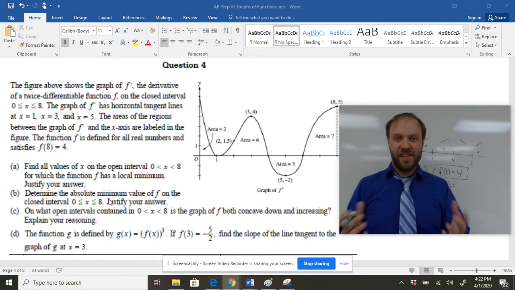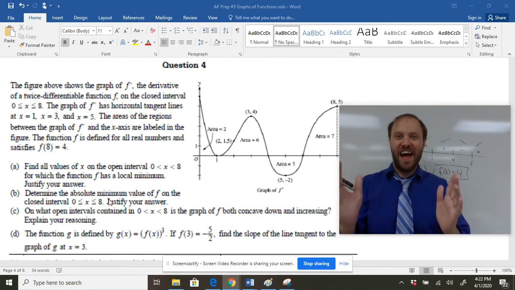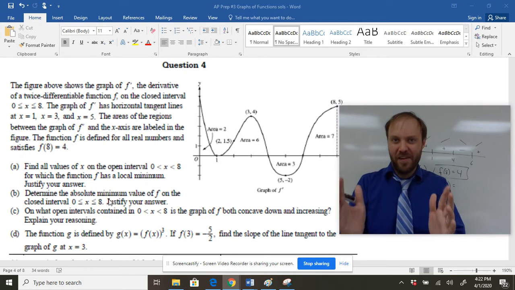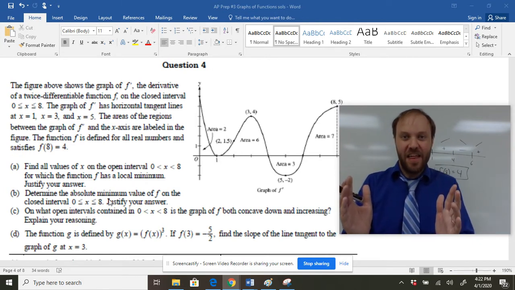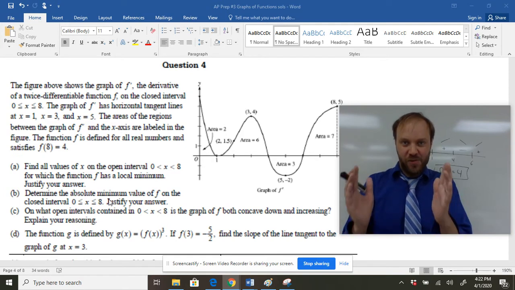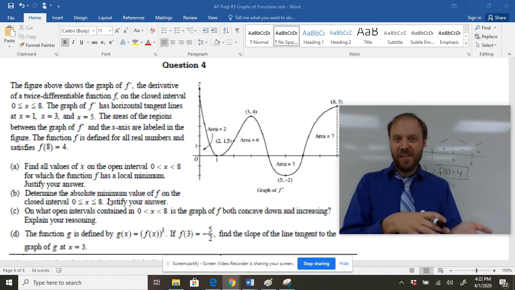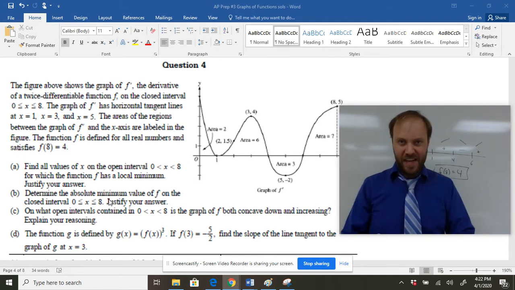Remember, in these velocity problems, they would give you an initial position, and you would take the integral of the velocity. Remember, the velocity is a derivative. You would take the integral of the velocity over an interval, and that would tell you the displacement. And then you'd add that displacement to the initial position. And in the rate problems, they'd give you some amount of snow that was already on the ground, and they'd give you the rate at which snow is falling.